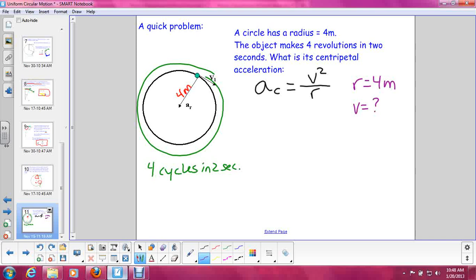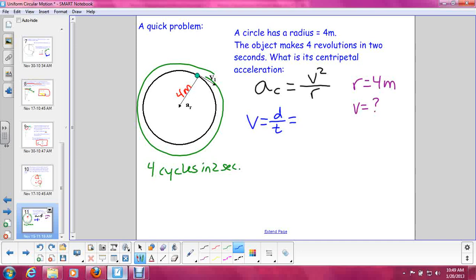However, we can do a little bit of math magic to find out how fast this object is moving. What we need to do is think about, okay, how do we calculate the velocity of an object? Well, we know that velocity is distance traveled over time, always. Whether it's in a circle or in a straight line, it's always the distance traveled over time. And hopefully this is looking familiar to you, because we did this earlier in the video. The distance traveled can be found by using some of our circle math.